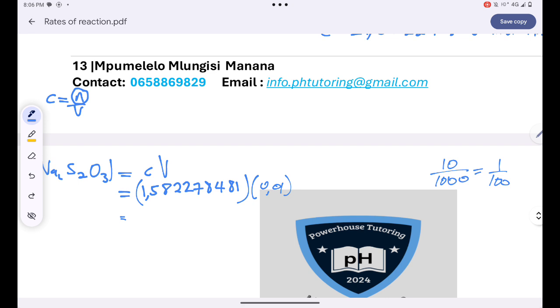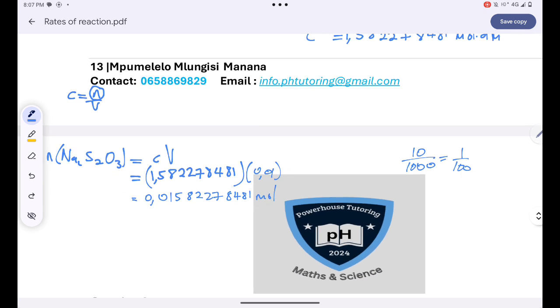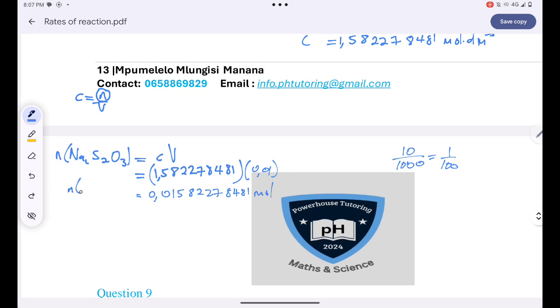So I'll take my concentration, multiply it by 0.01, and this will give me the number of moles to be equal to 0.01582278481 moles. So this represents the number of moles present in experiment D for sodium thiosulfate.